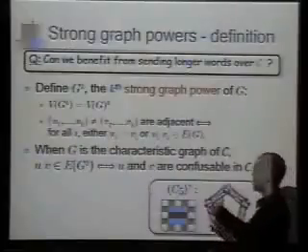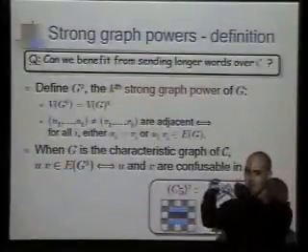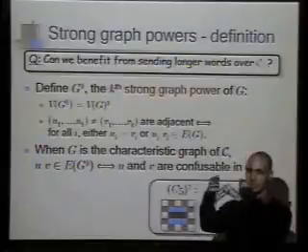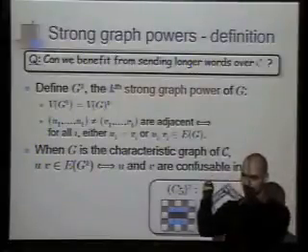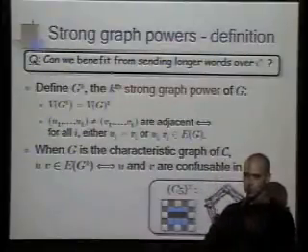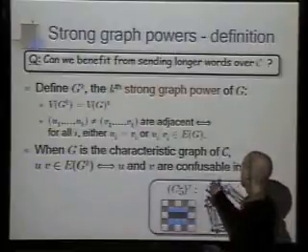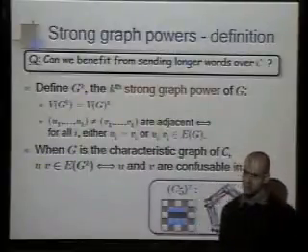In other words, you don't have an edge between two words if at some coordinate the two letters are distinct and they don't have an edge in the original graph. You're not confused between the two words if at some coordinate you're not confused. And this is the negation: there's an edge if in every coordinate you're confusable.